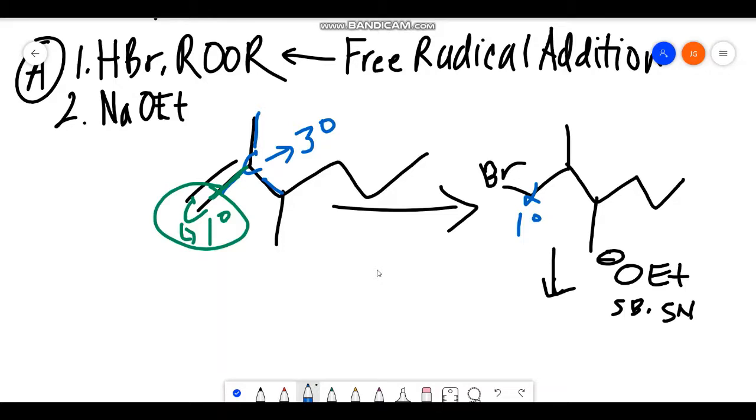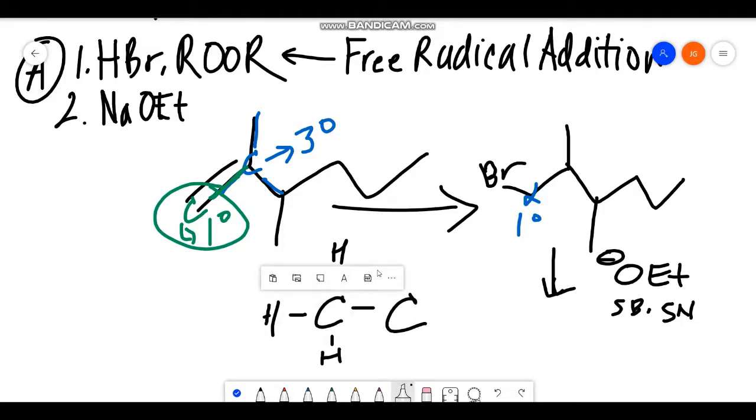They're only bound to one carbon. So if you want to think of it like this, you have your carbon bound to hydrogens, right? Well, if we think of the orbitals, the orbitals of a hydrogen atom, or rather this shared hybridized orbital, is much smaller than the orbital shared by carbon and carbon.